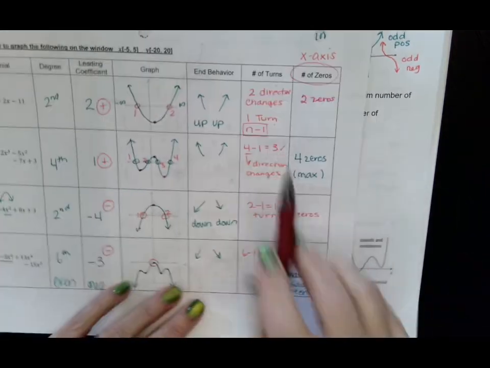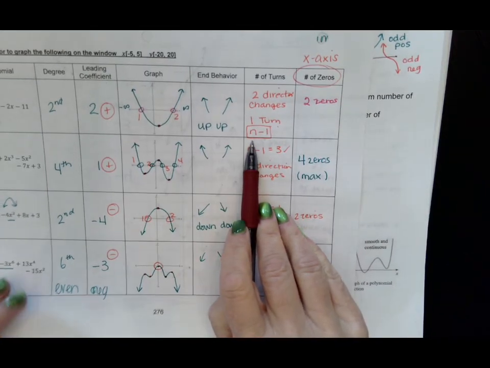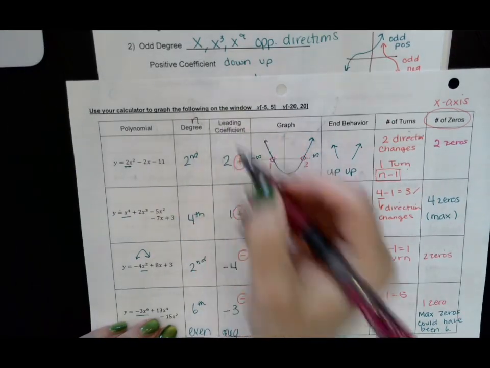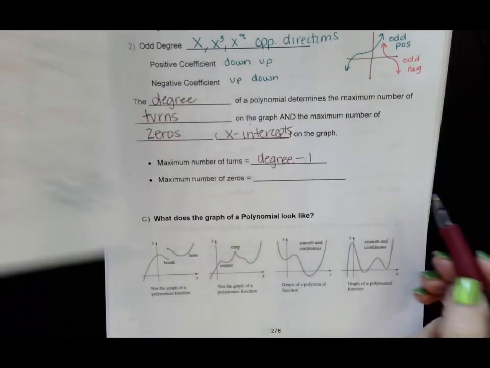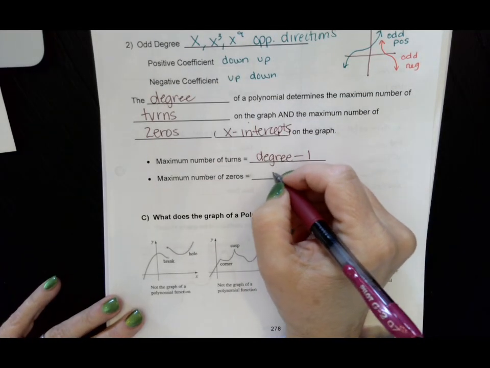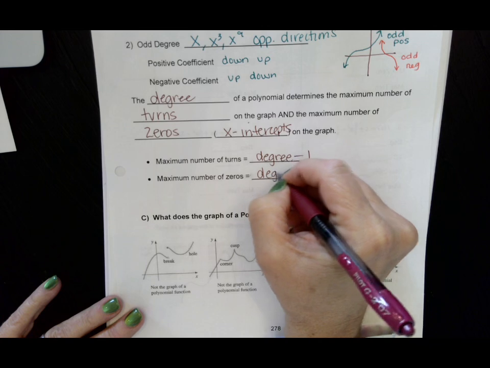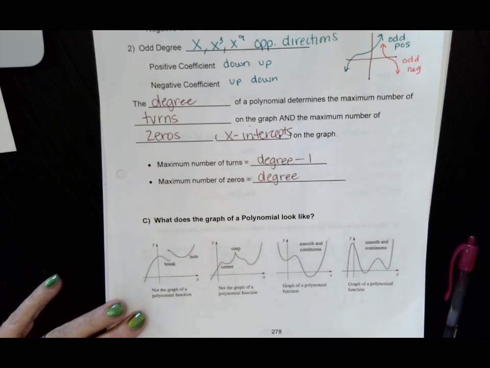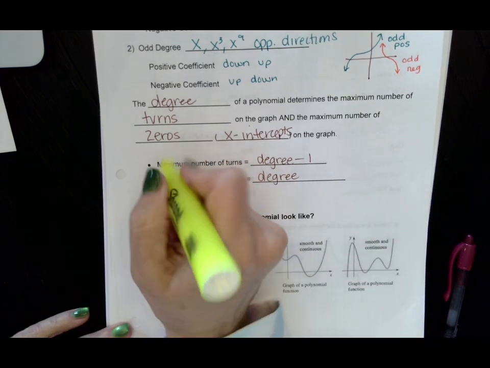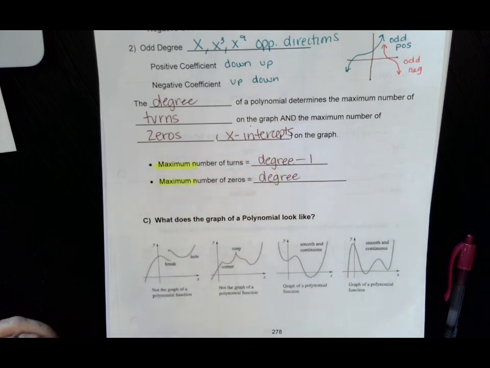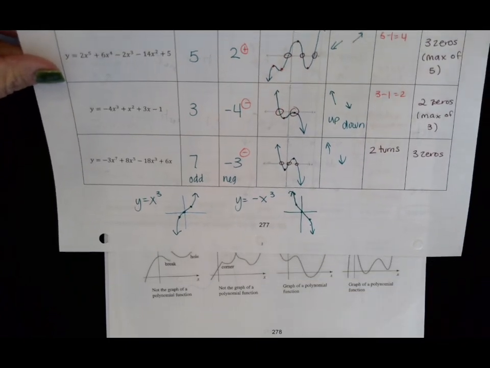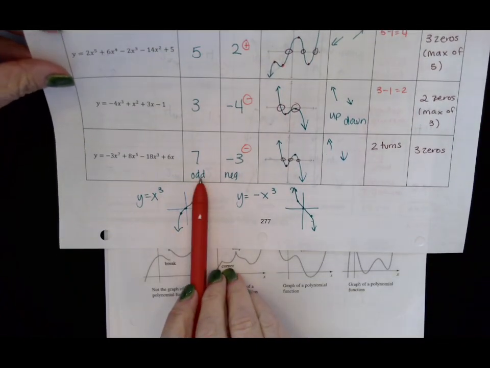And we did this over here. I was using the variable n, but what this n is over here is your degree. So n minus 1. And the maximum number of zeros is the degree. Now, keyword here is maximum. The maximum number of turns and the maximum number of zeros. Now, we saw that on our last one here. So this tells us that we have 7.